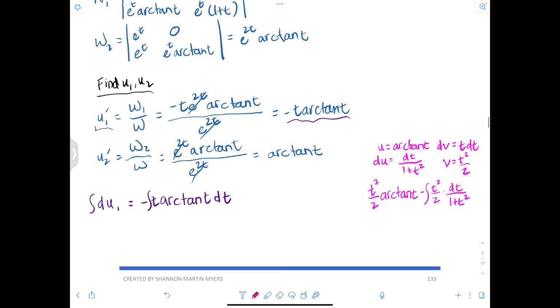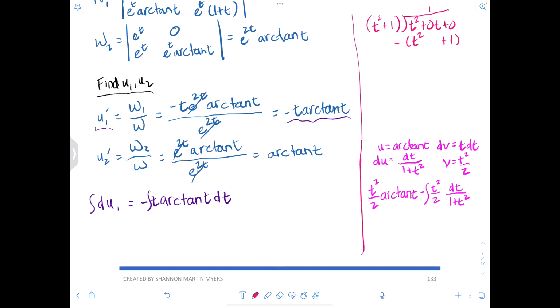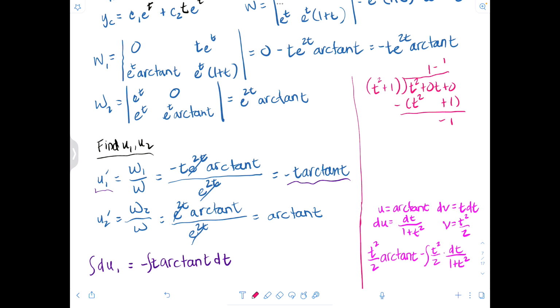I'll do that above. Make a little line here. I'll write it as t squared plus 1 is the divisor going into t squared plus 0t plus 0. So that'll be 1. We'll have t squared plus 1. When I subtract, I'll just get a negative 1 remainder. So this will be 1 minus 1 over 1 plus t squared.